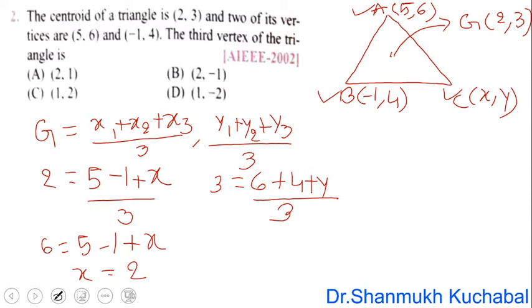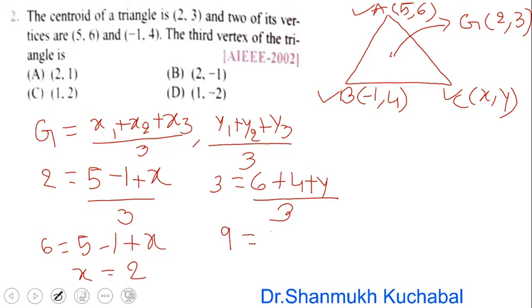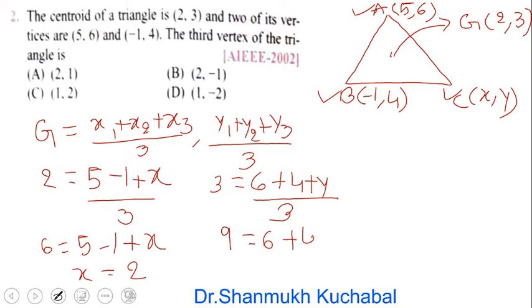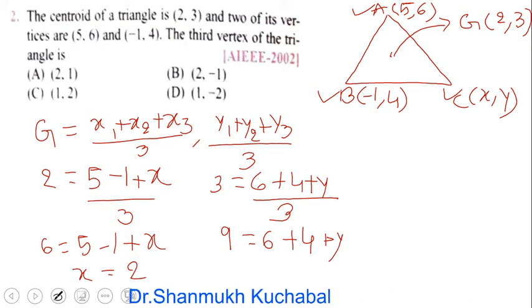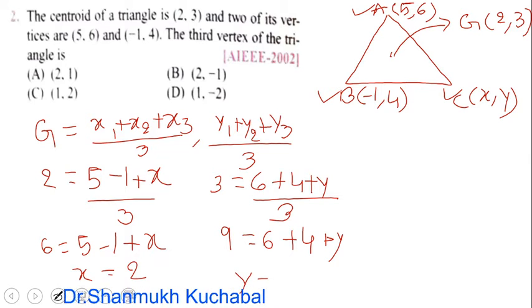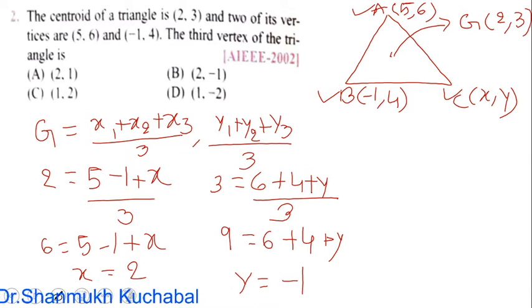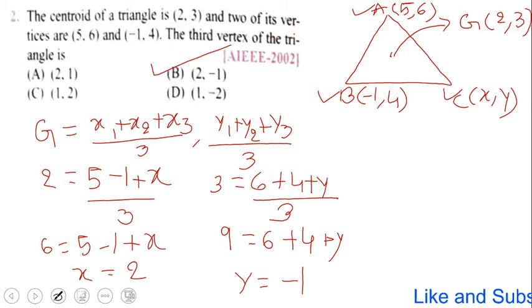Then 3 into 3 is 9 = 6 + 4 + y, so y = -1. The x coordinate comes first and the y coordinate next, so (2, -1). (2, -1) means option B is the right answer.